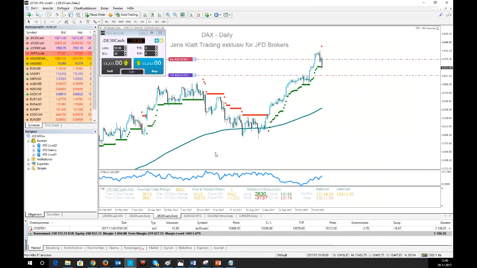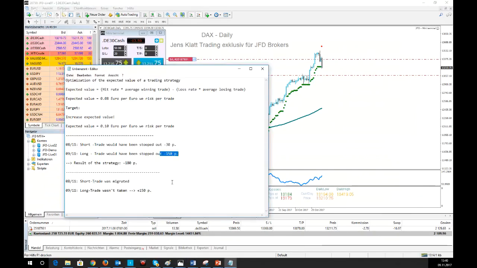I was so far capable of moving my stop to break even here. So you can see here that was the price I sold the DAX yesterday. And I was capable of moving my stop loss here to break even +1, meaning that all in all, I can already say that so far, while I still have the position, my result is +31 here, because I have not taken the loss yesterday, -30, and I've already moved the stop to +1 here, meaning that I made so far 31 points on this trade.